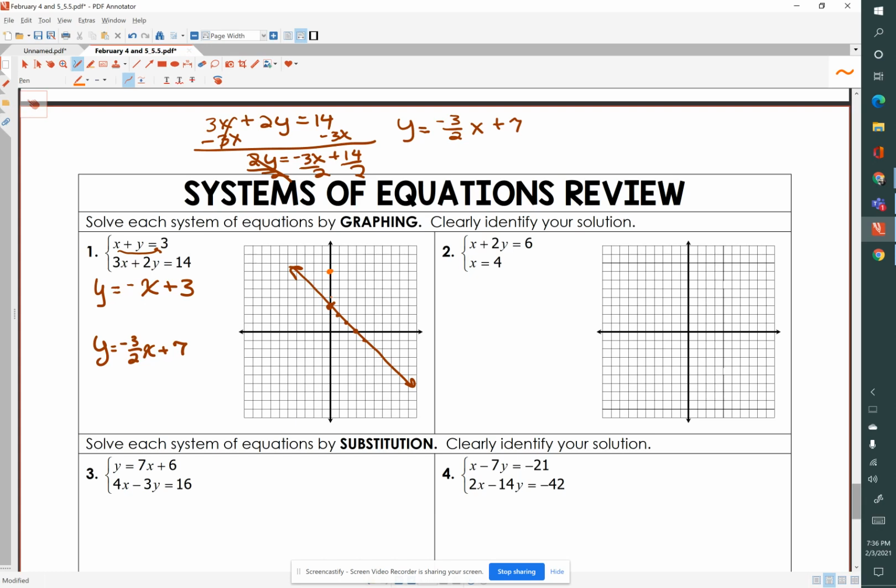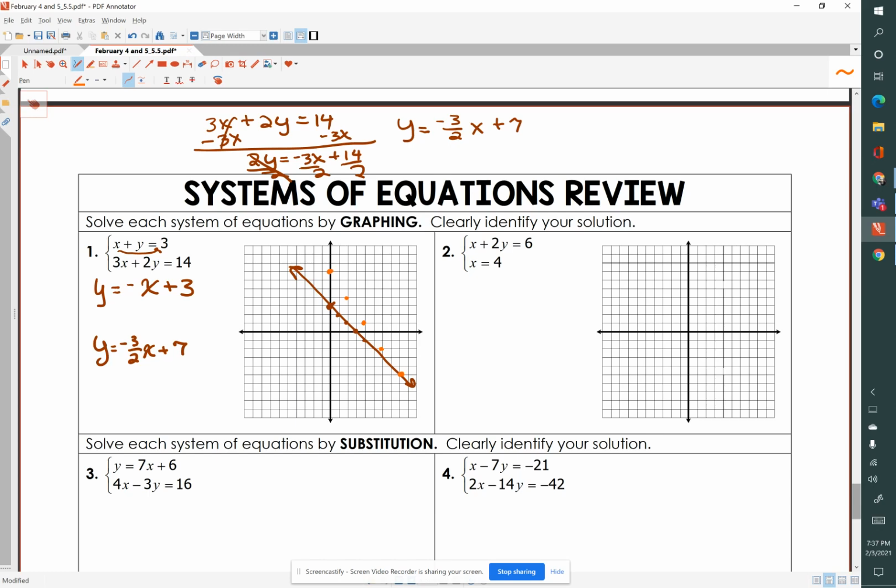1, 2, 3, 1, 2. Well, there's our solution to the equation right there.